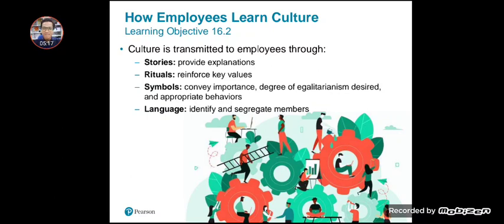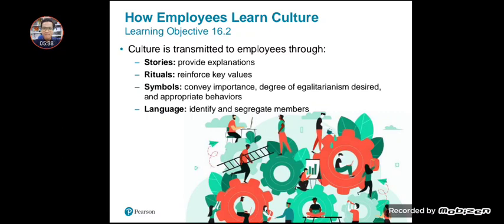Culture is also transmitted to employees through rituals, or repetitive sequences of activities, when the organization reinforces key values and provides insight into the culture.